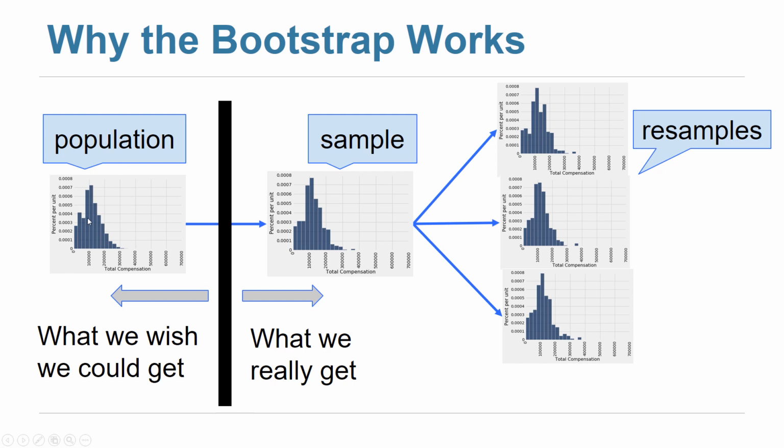Remember, we don't have the distribution of the population, but we are still interested in computing some parameter out of the population. And this is what we really get. We get the sample, and then we resample from it multiple samples, and with high probability they will be similar to the original distribution of the population. So this is what we wish we could get, and this is what we really get in the bootstrap method.